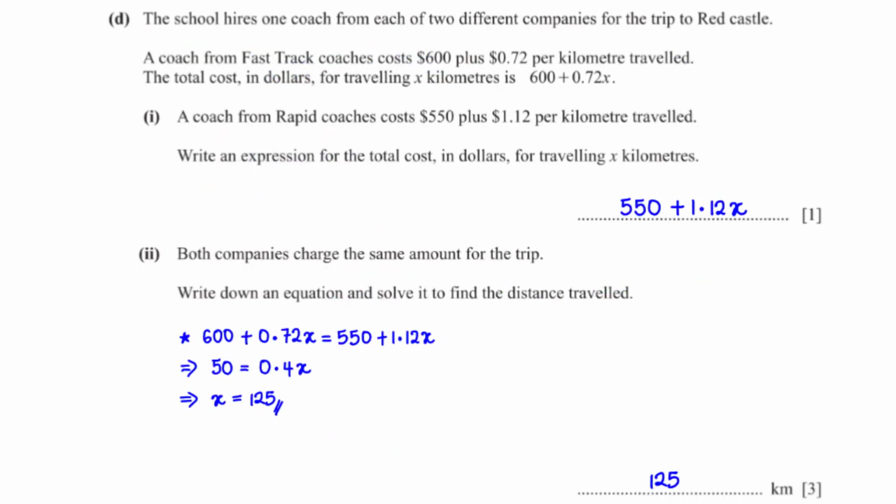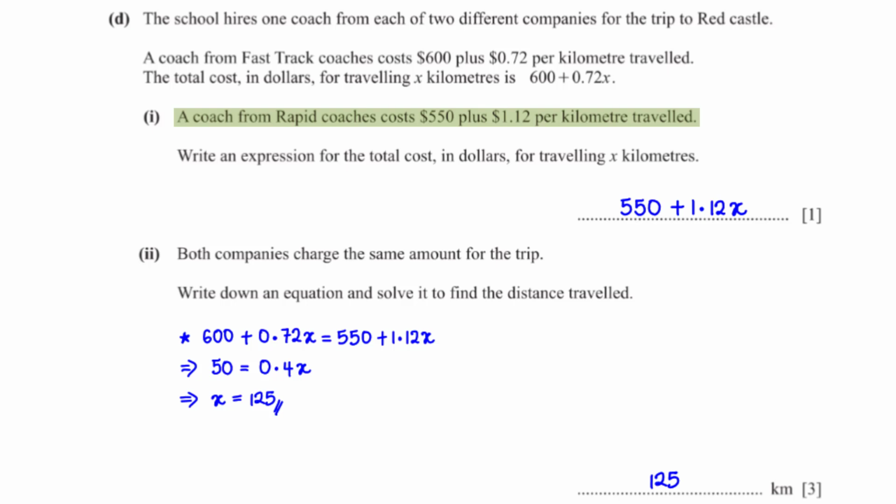The school hires one coach from each of 2 different companies for the trip to Red Castle. A coach from Fast Track Coaches costs $600 plus $0.72 per kilometer traveled. The total cost in dollars for traveling x kilometers is 600 plus 0.72x.